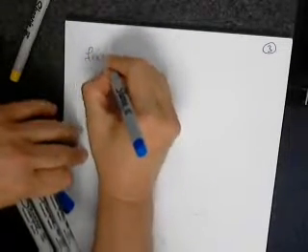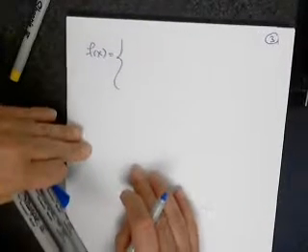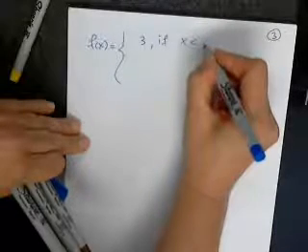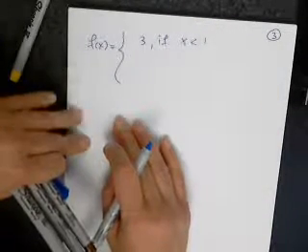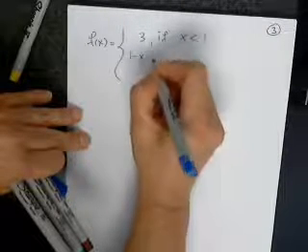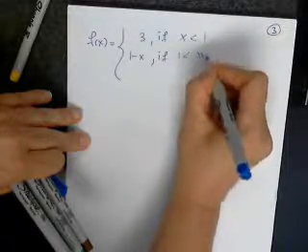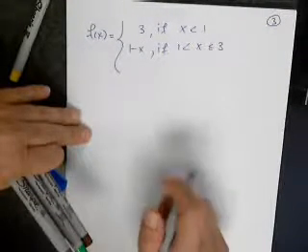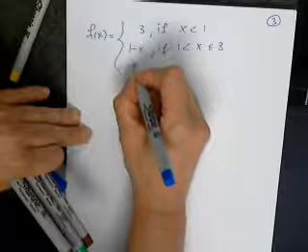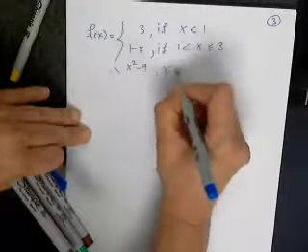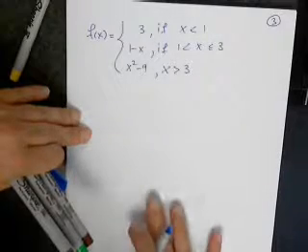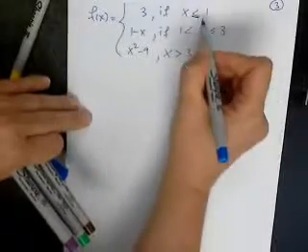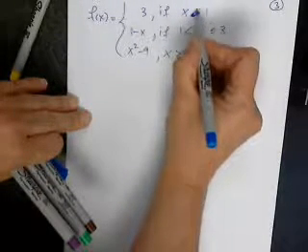So f of x, 3 if x is less than 1, 1 minus x if 1 is less than x less than or equal to 3, and x squared minus 9 for x greater than 3. I don't want to put the equal symbol at 1 at all.